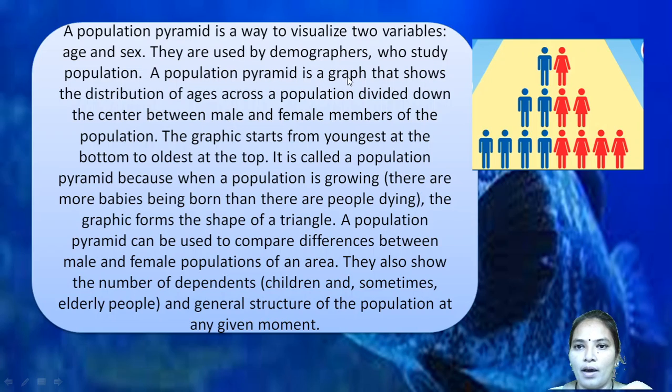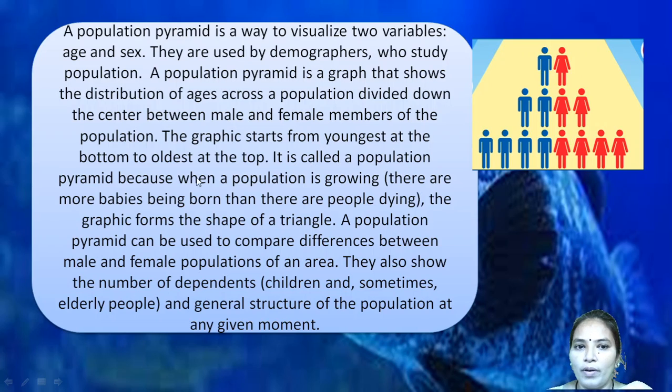The population pyramid is a graph that shows the distribution of ages across a population, divided down the center between male and female members of the population. So we have seen how the pyramid is distributed between the males and the females along a line. The graphic starts from the youngest at the bottom to the oldest at the top.